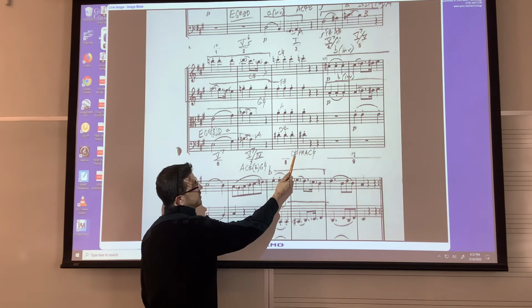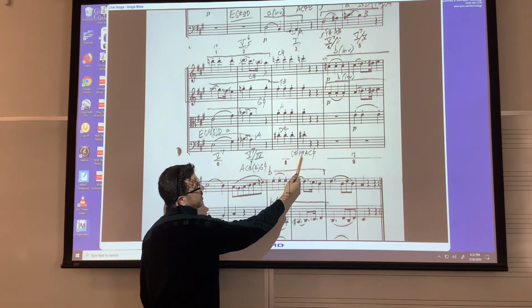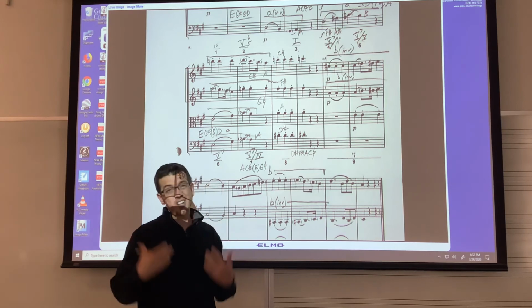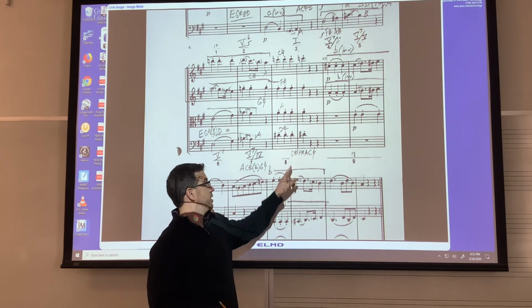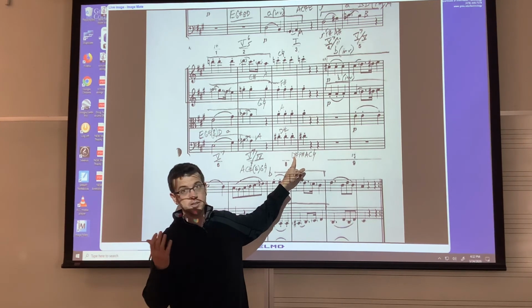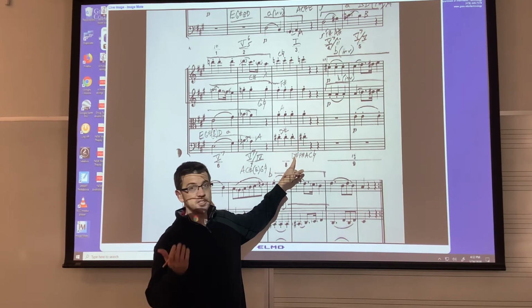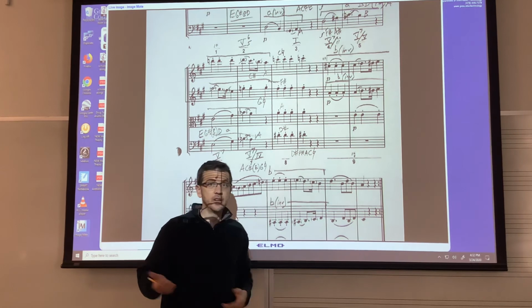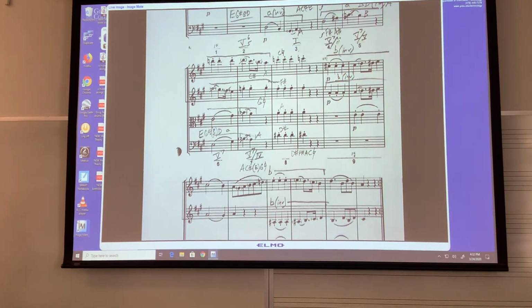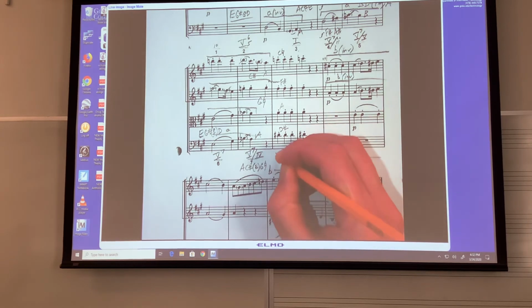If we take a look at this, we have a diminished triad, minor thirds all the way up. This is fully diminished. So we know that this is a secondary leading tone. D sharp is the leading tone to which key? To the key of E. So this is a 7 of E, except we're not going to call it 7 of E because we're in the key of A. We'll call it 7 of 5.